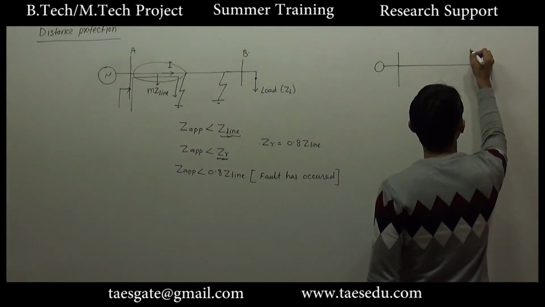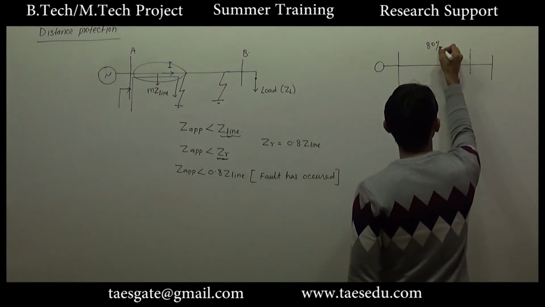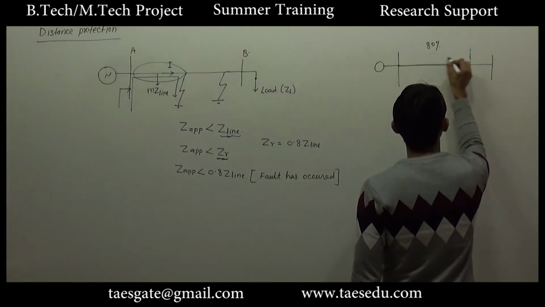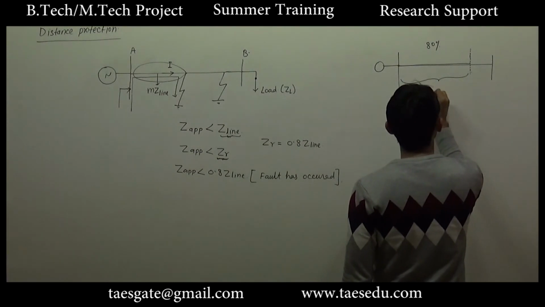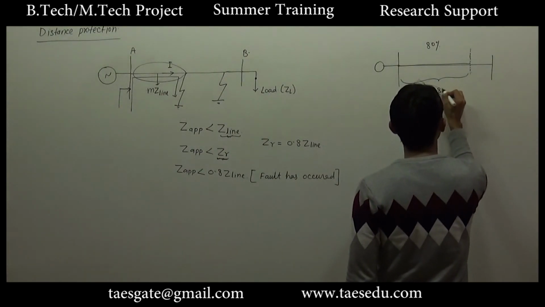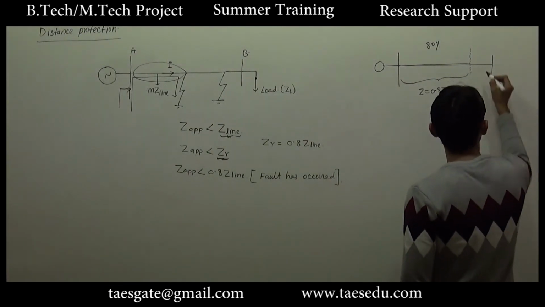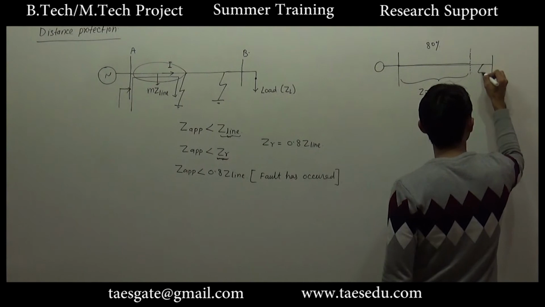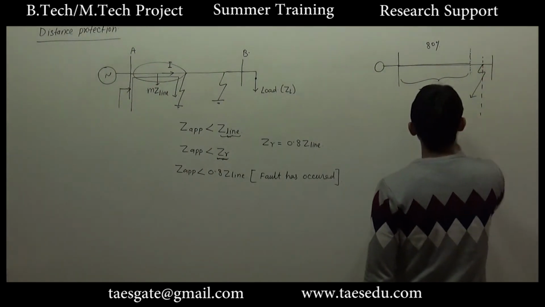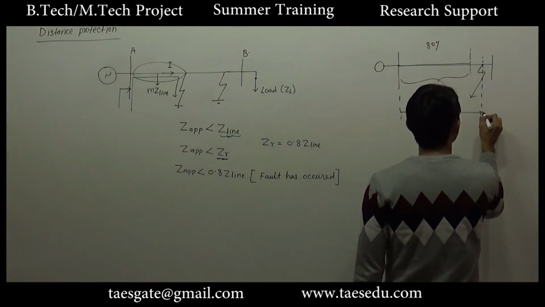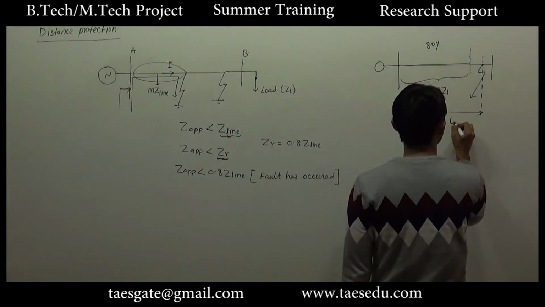Let's say this length represents 80% of the line. So up to here we will have this total impedance. This will be 0.8 of ZL. Now if a fault occurs at this point, and let's say up to here, this length represents 90% of the length.